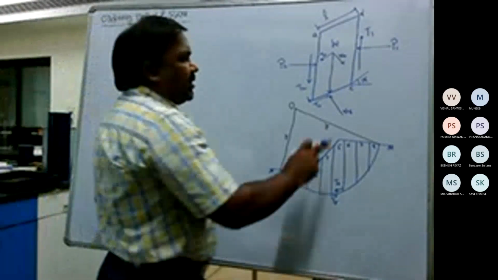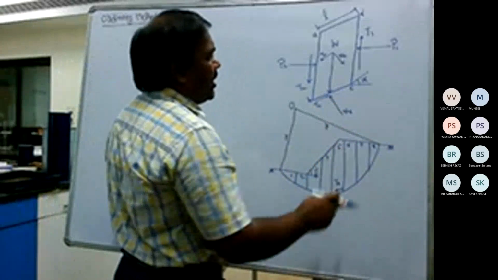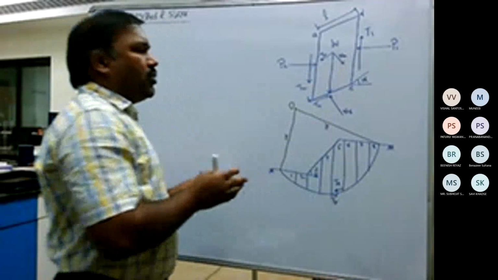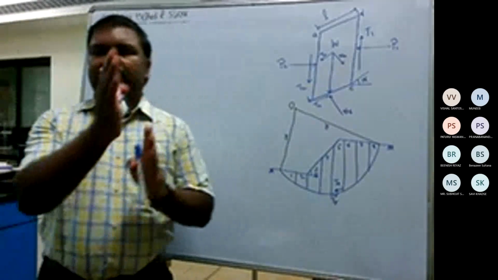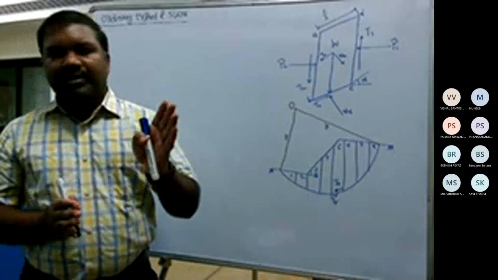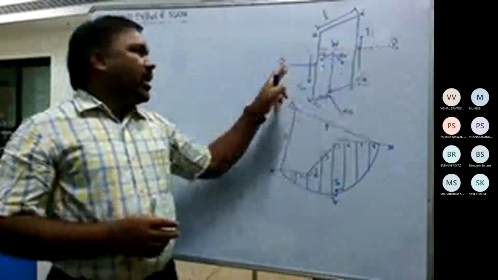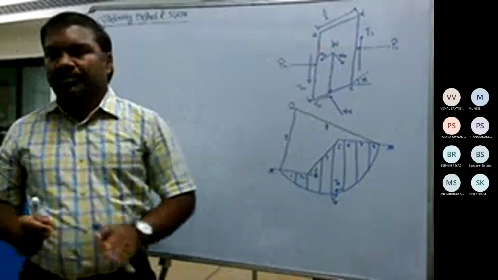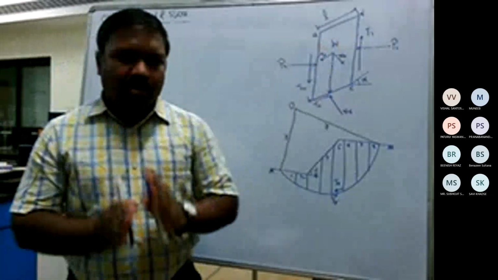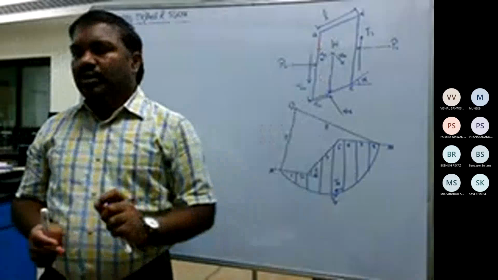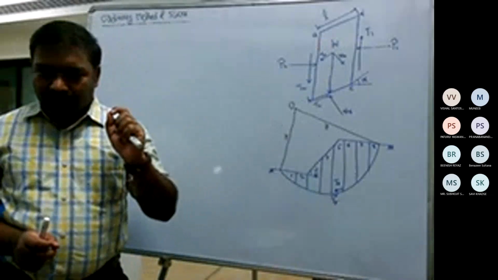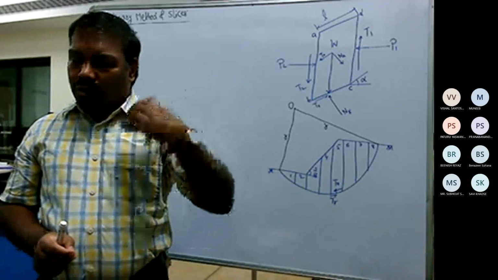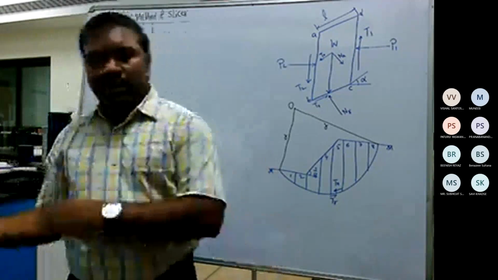Now, the ordinary method of slices makes an assumption that the resultant of T1, P1 and T2, P2 passes through a single line, that is, the lines of action of the resultants coincide. What is the consequence? They won't give any net moment on the slope stability, and they cause neither driving force nor resisting force.